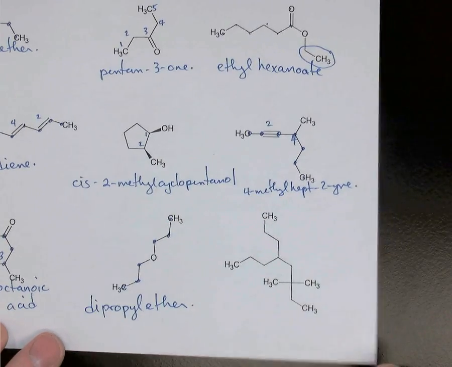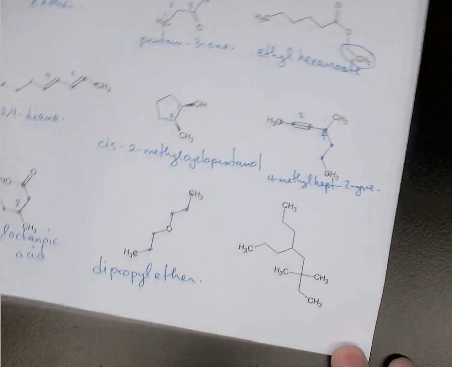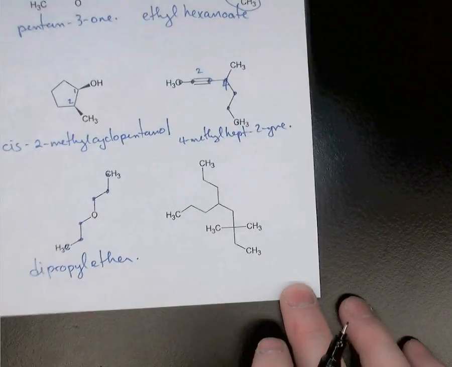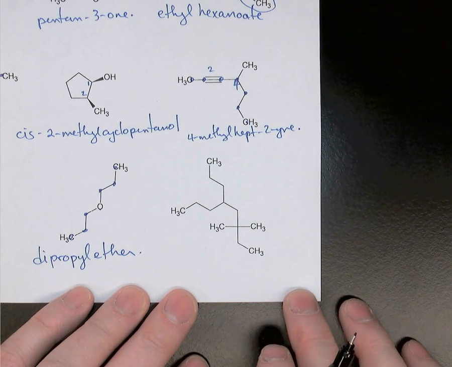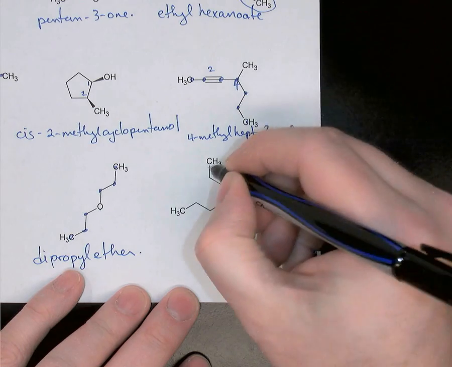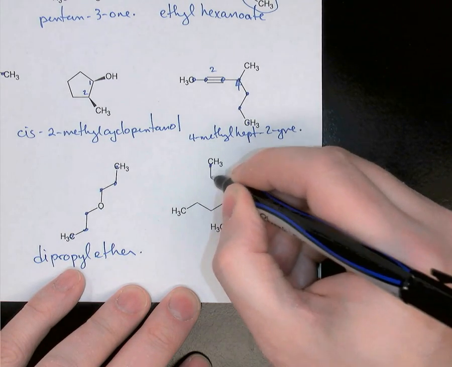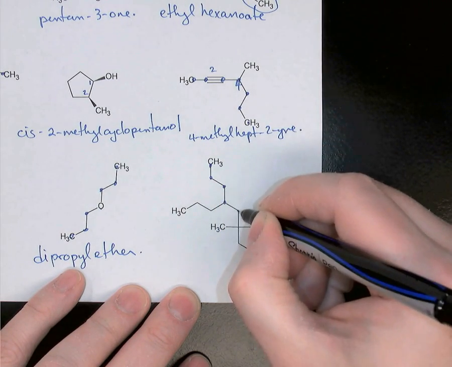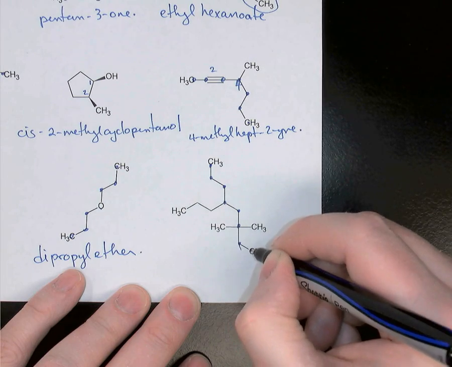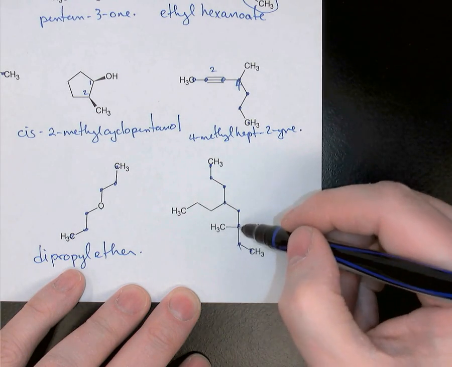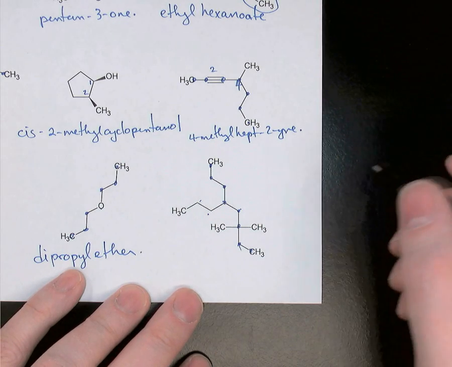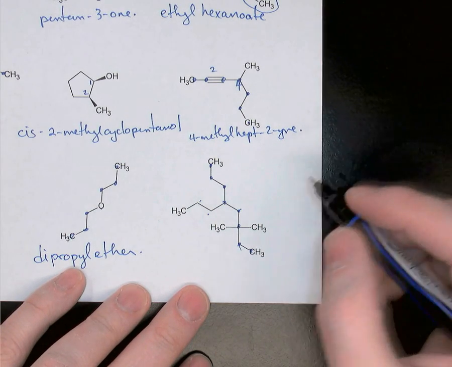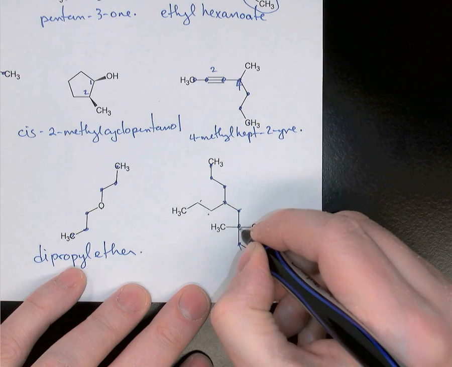And finally, we have what looks to be just a branched alkane. I don't see any special functional groups, so it's just an alkane with 1, 2, 3, 4, 5, 6, 7, 8 carbons, I think, in the longest chain. Numbering from the end closest to a branch, 1, 2, 3.